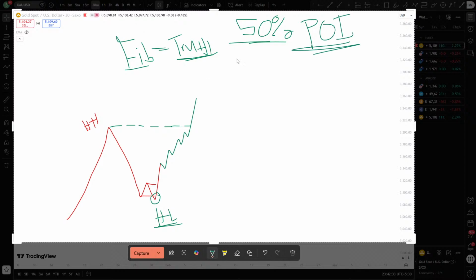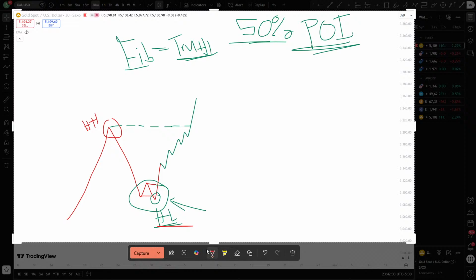You see? So once you know how to properly identify your higher lows, it will be so easy for you to use the Fibonacci. You see? So if the market does not give us a break of this higher high, we are not going to have our higher low.